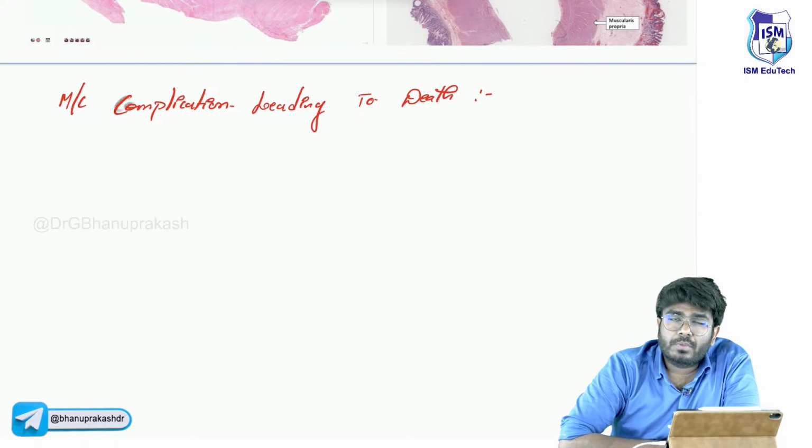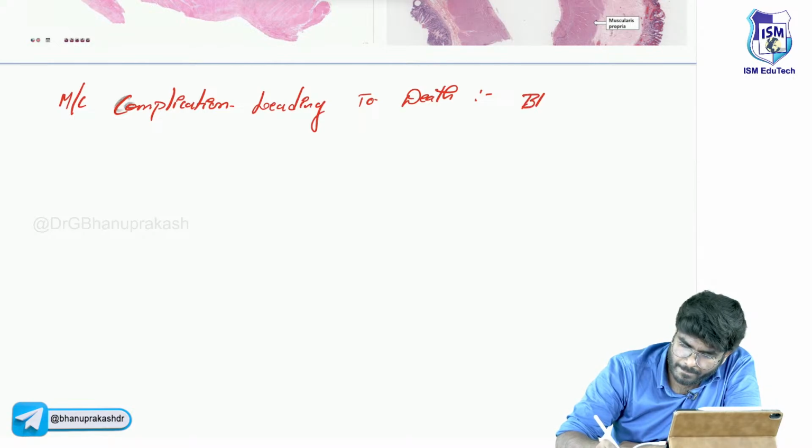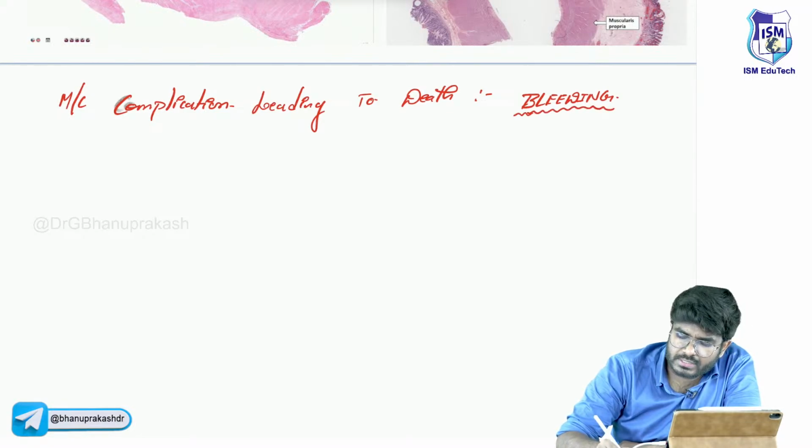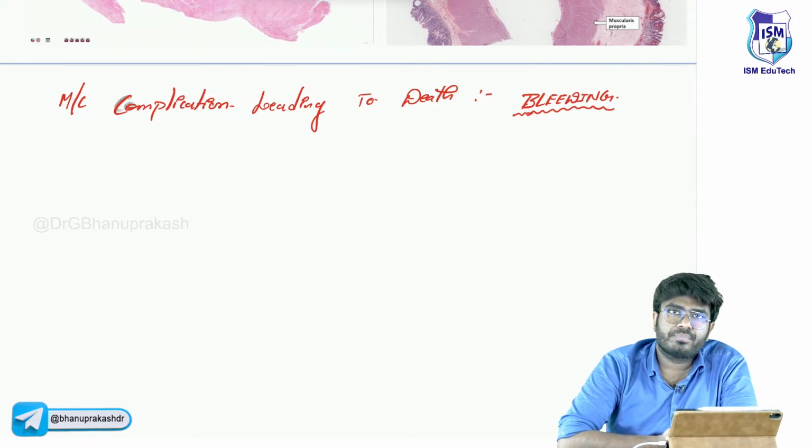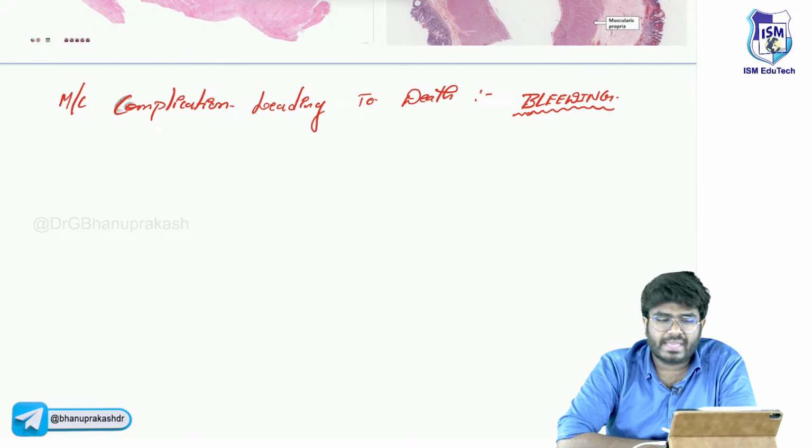What do you think might be the reason why peptic ulcer disease can lead to death? Bleeding. I personally know a few students who died with the bleeding, the bleeding with the gastric ulcers.